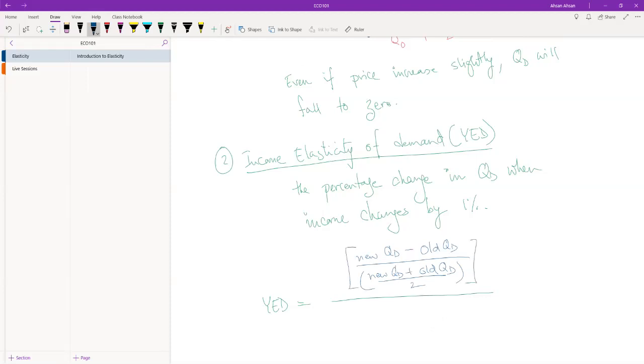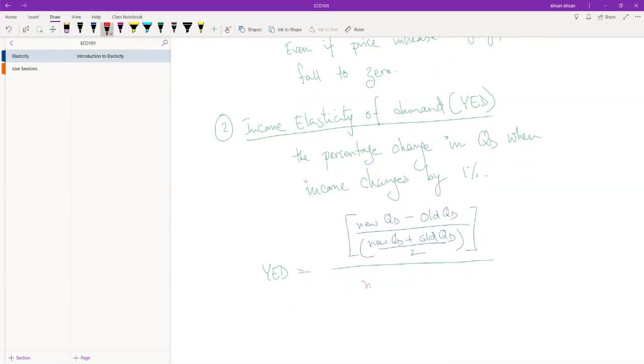This whole thing we are going to divide with new income minus old income divided by new income plus old income by 2.